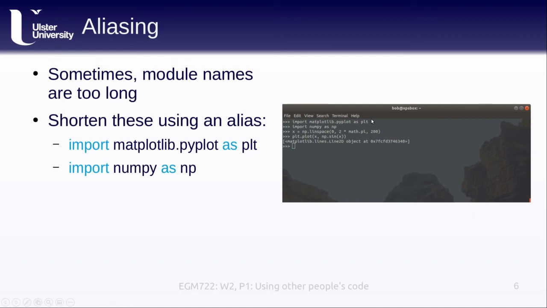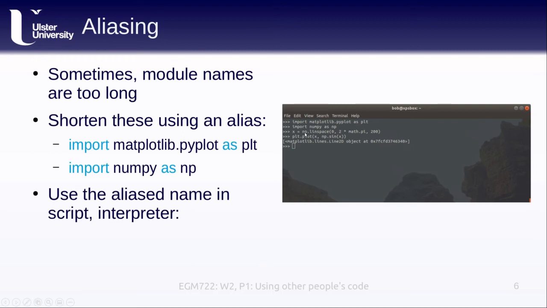As you can see here in the example from the interpreter that I have on this side of the slide, this makes it a little bit easier to see what we're doing rather than having lots of long names to work with. Once we import modules in this way, we have to use the alias name.